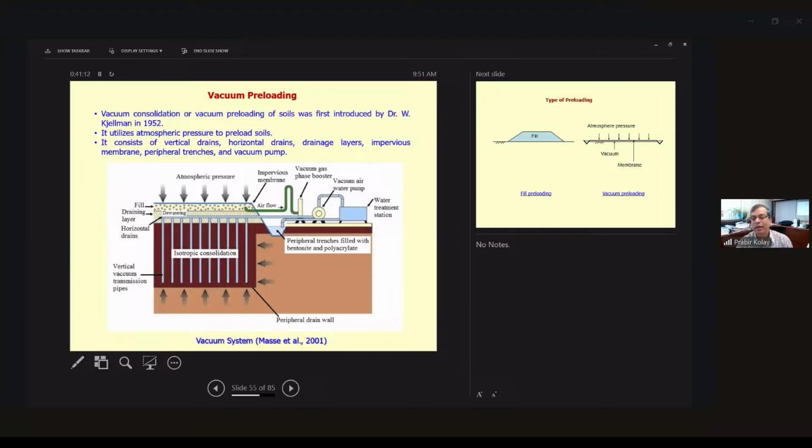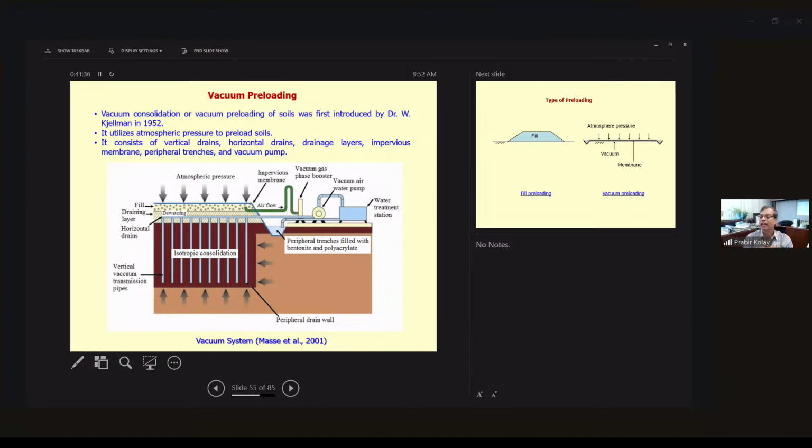Then, as I mentioned, there are situations when you don't have the pre-consolidation preload, you don't have enough soil available at the site. So what you need to do is vacuum preloading. So vacuum preloading, using atmospheric pressure and apply vacuum, and then no need to add heap of soil.